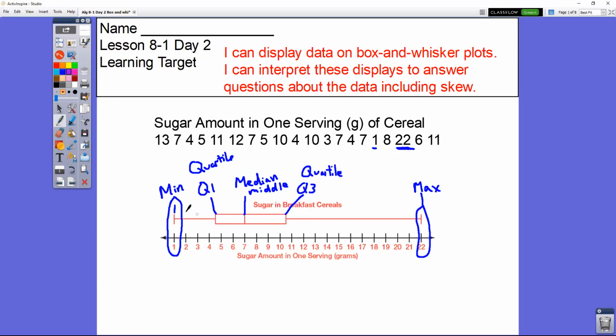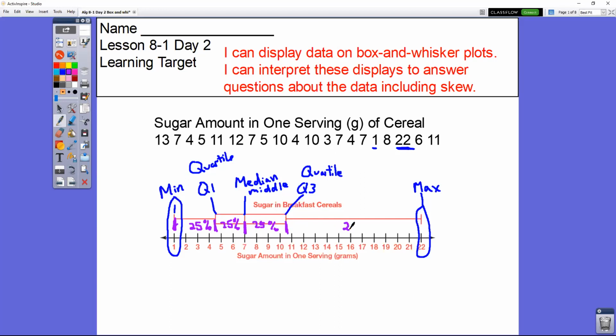So when we take a look at this, 25% of your data is in between the minimum number and quartile 1. 25% of your data is in between these two things. The next 25% of your data is in between quartile 1 and the median, which is the middle number. 25% of your data is in between the median and quartile 3.